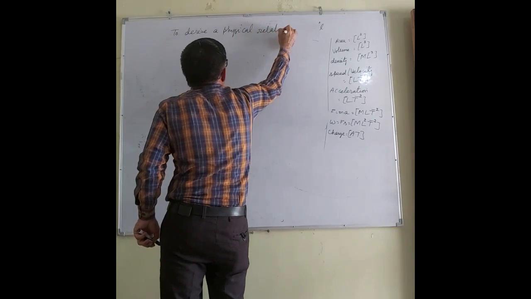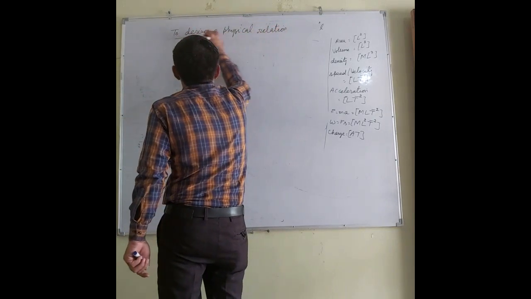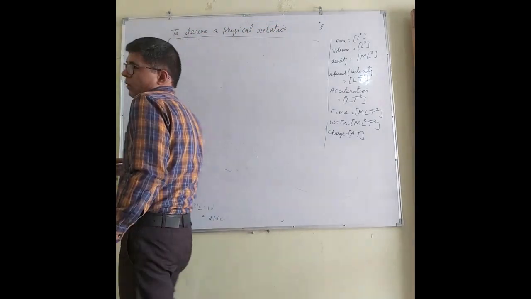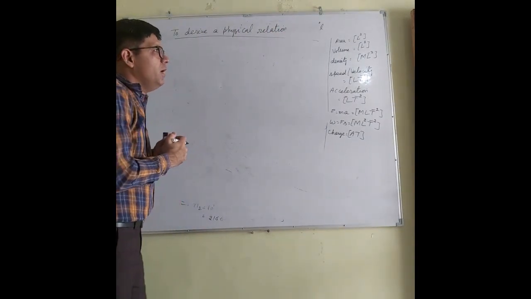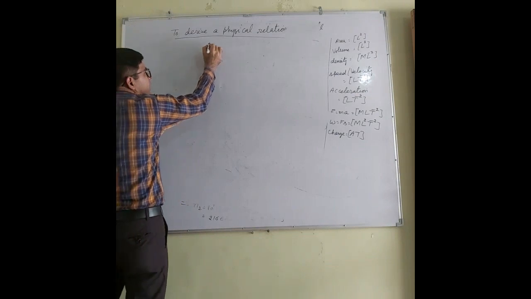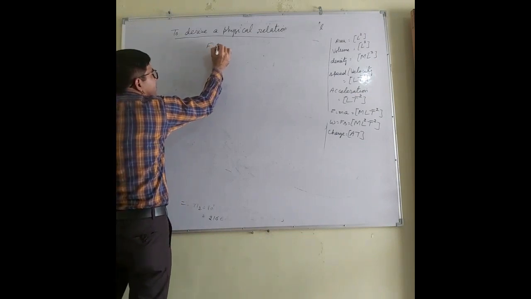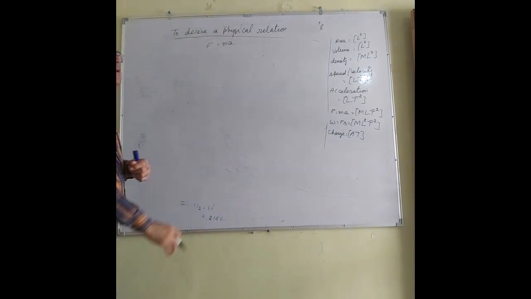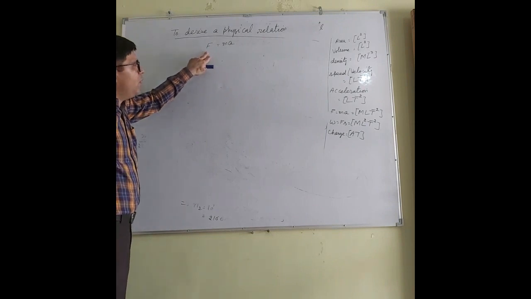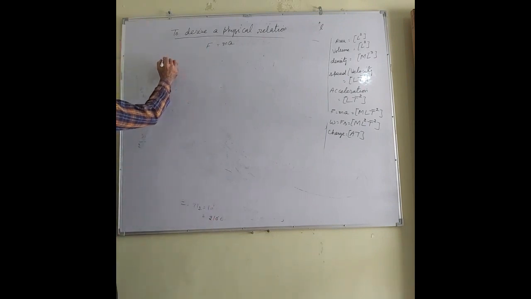How can we derive a physical relation? Very simple. You have done a formula in your 9th standard that force is equal to mass into acceleration. How can we derive it? Now, what's the question? How can you derive it?